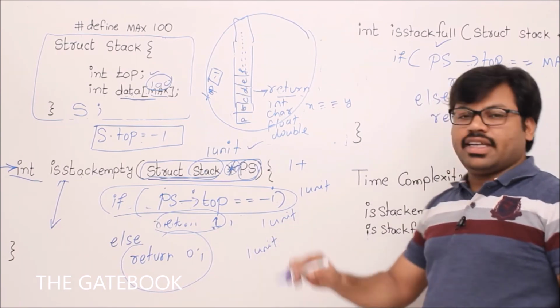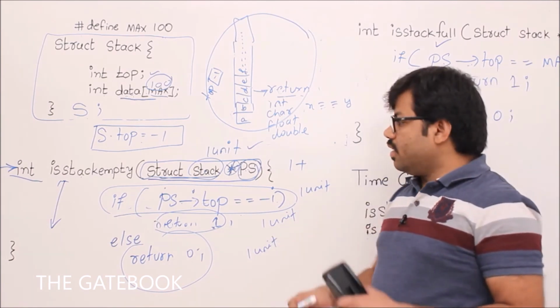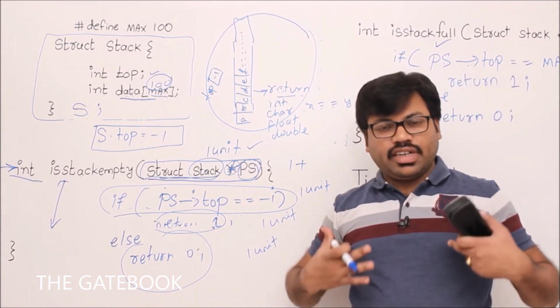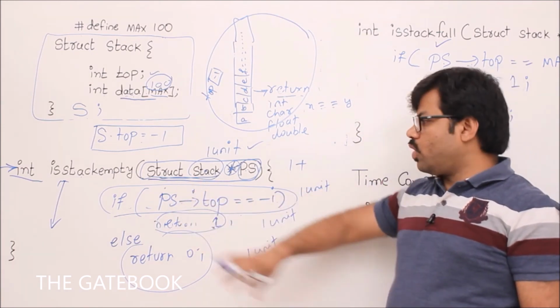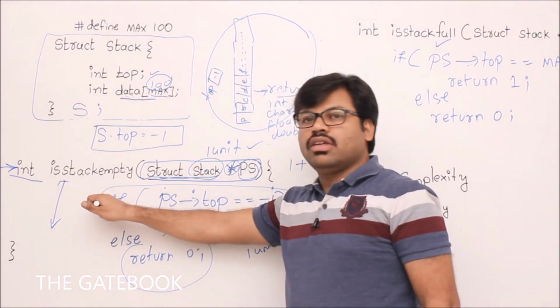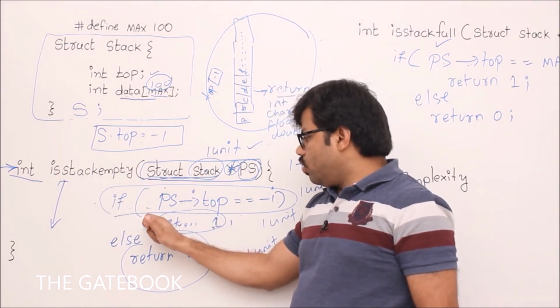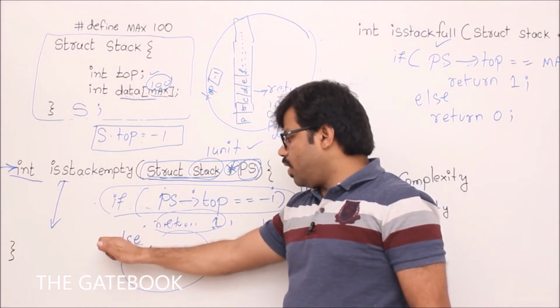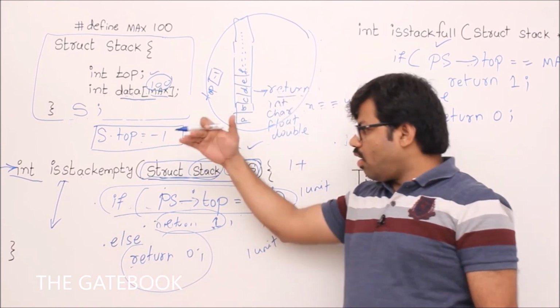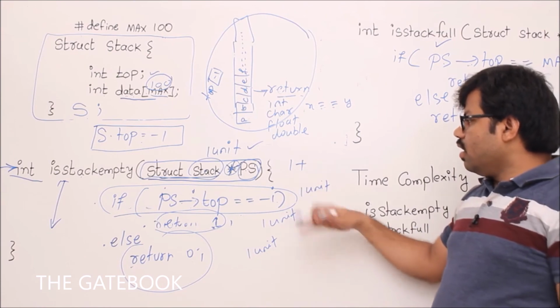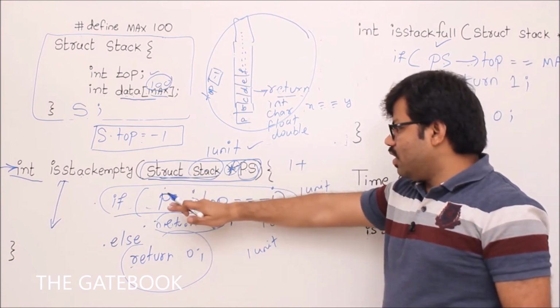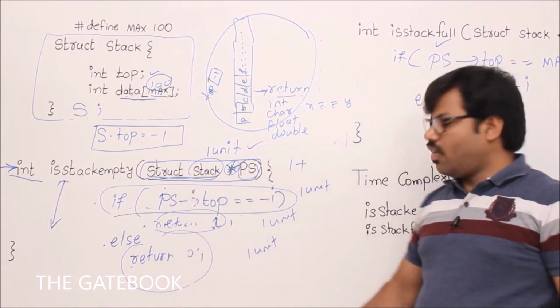In the worst case, where you generally take a lot of time, what is the maximum time you might take in this program? Control comes here, then you don't come here, then you go to the else part and you go here, right? That is the longest path. Even if you do everything, this one, this one, this one, this one, this one, after all 5 units.